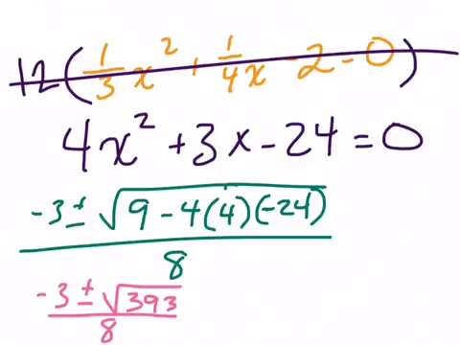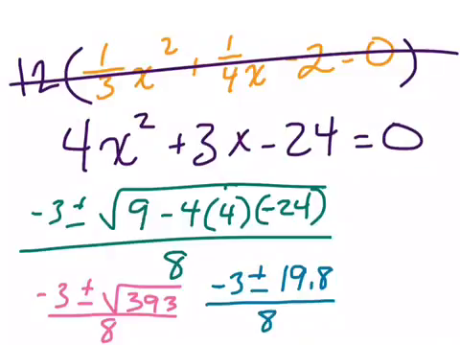The square root of 393 is 19.8. So we have negative 3 plus or minus 19.8 over 8. We could go ahead and simplify this out and get our two different solutions here.